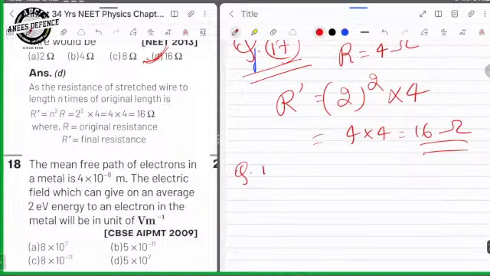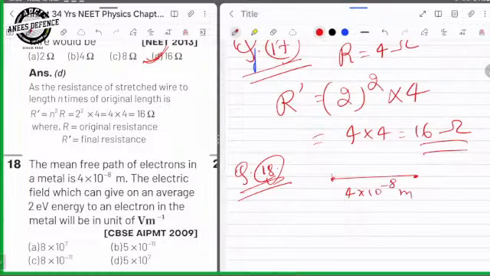Question number 18. The mean free path of an electron in a metal is 4 into 10 raised to power minus 8 meter. Mean free path means the distance between two collisions of the electron.